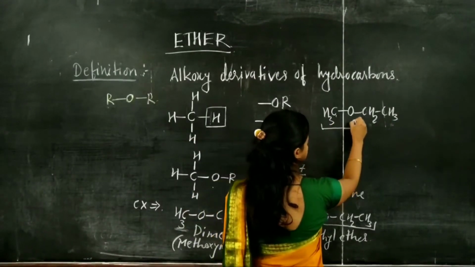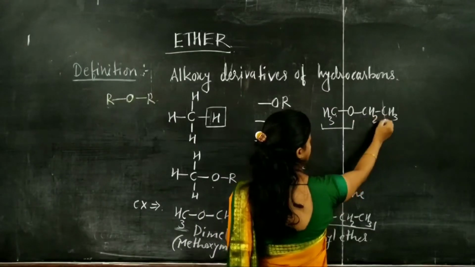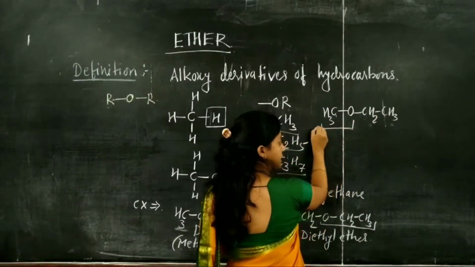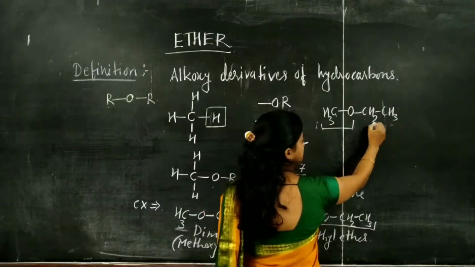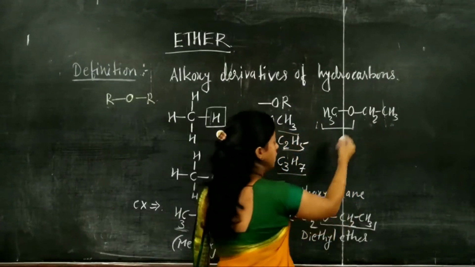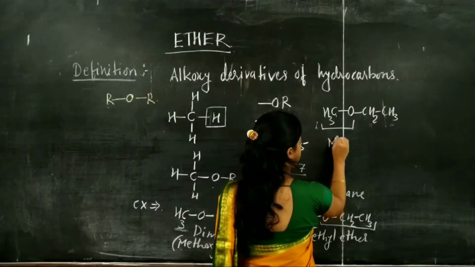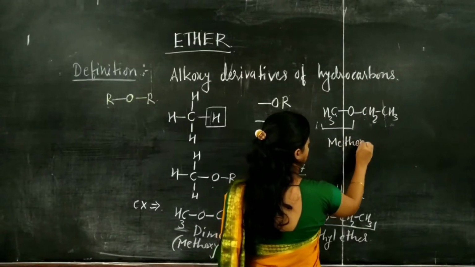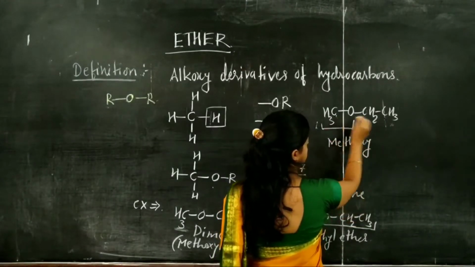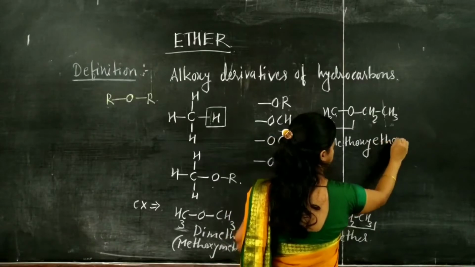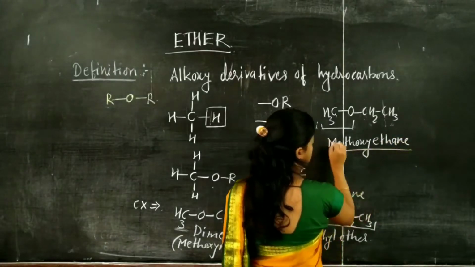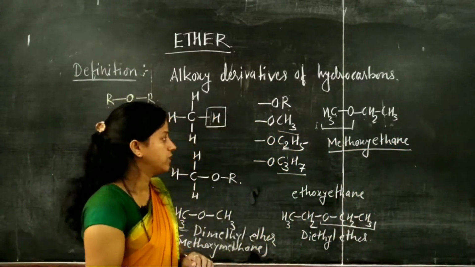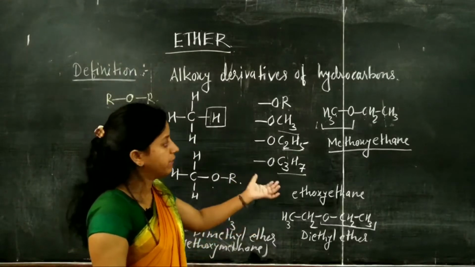Here the prefix is methoxy, because here there are 2 carbons and here it is 1 carbon, so we take this as methoxy, and the longer chain is the parent name. So the IUPAC name of this is methoxyethane. This is the rule, this is how we name ethers.